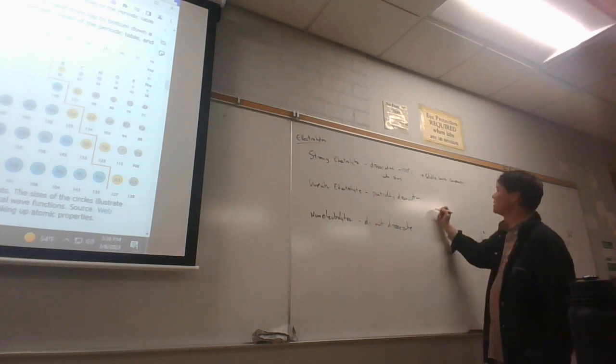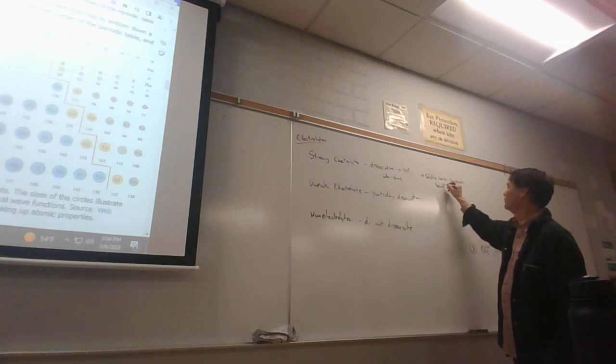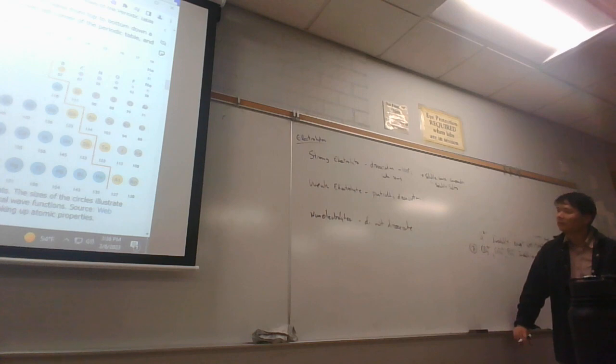Soluble ionic compounds I just call soluble salts. Soluble salts are strong electrolytes. What else is strong electrolytes? Metal. Like metals. Metals don't really dissolve in water.